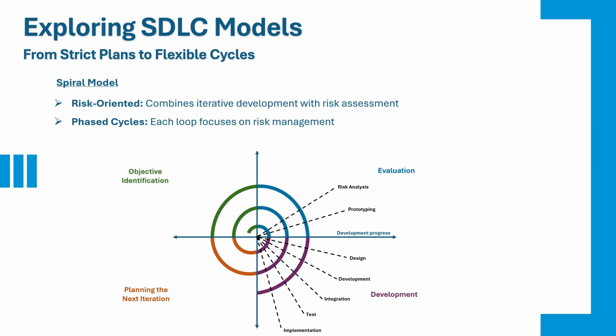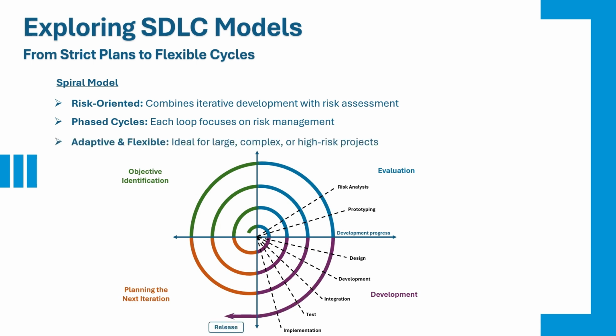Each loop tackles a small set of features and focuses heavily on identifying and mitigating risks before moving forward. This makes the spiral model highly adaptive, especially for large, complex, or high-risk projects where risk management is critical. Unlike Waterfall, Spiral allows flexibility and responsiveness, but it adds a unique layer of risk evaluation at every turn.